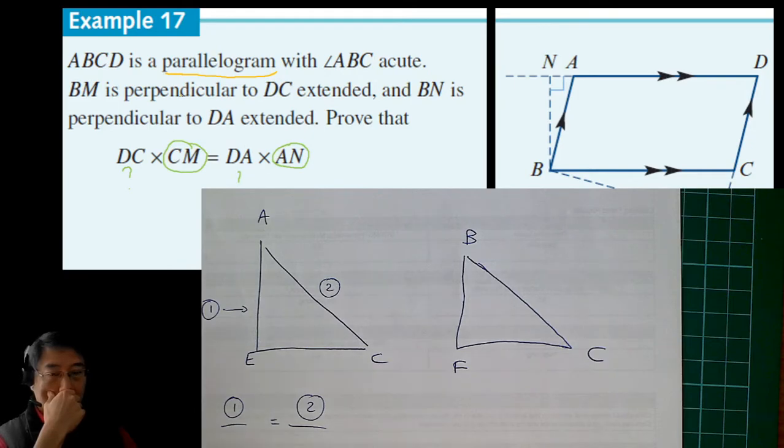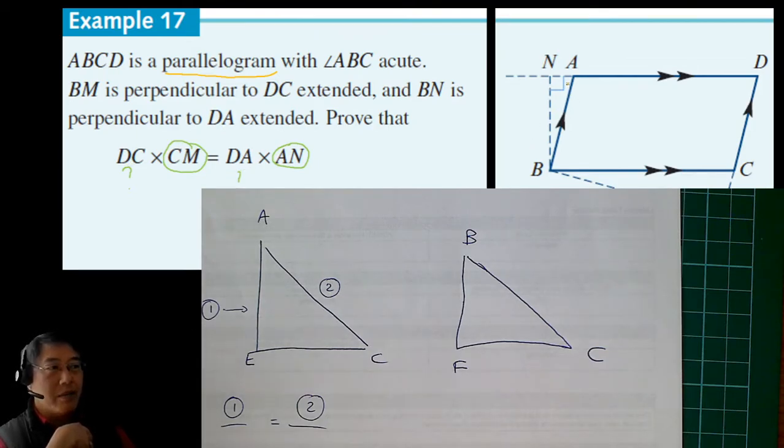Mister, is our aim to prove BAN and CMB similar? No, I'm not there yet. We're going to need that later possibly, but at the moment, in that answer, I have DC and DA, but it's not what I'm after.